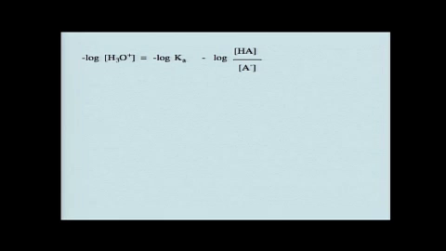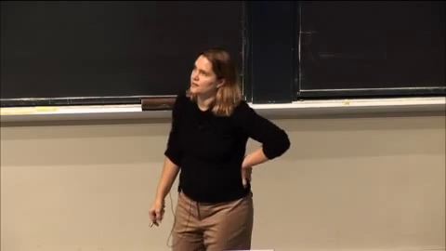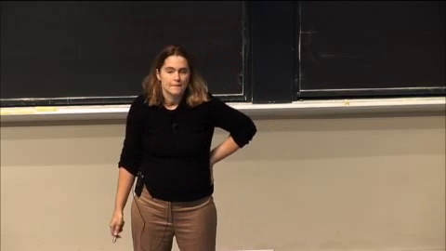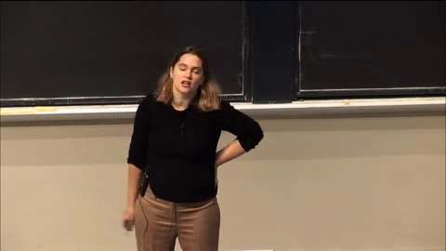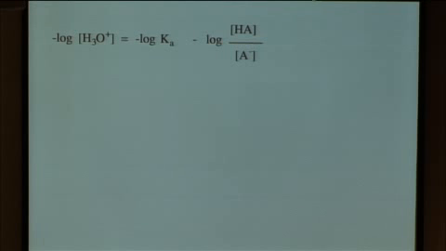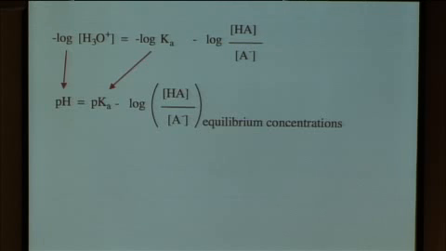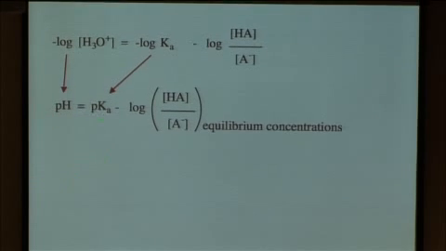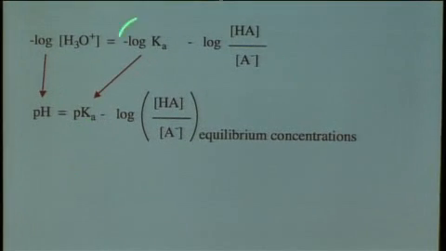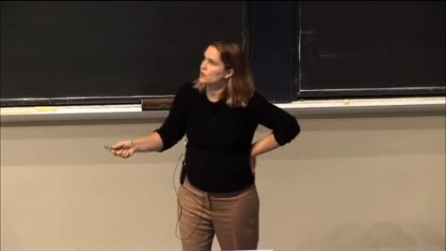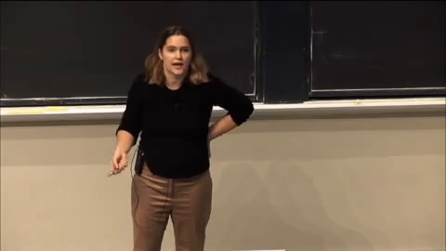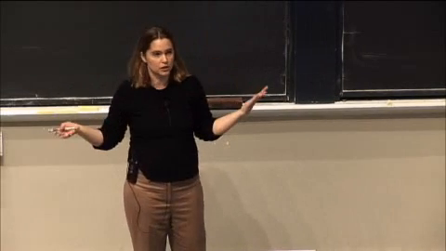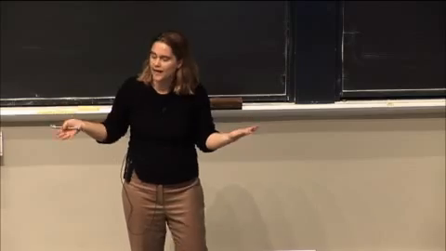And we have this equation. So what is minus log of hydronium ion concentration? pH. What's minus log of Ka? pKa. So we have pH equals pKa minus the log of the concentration of your acid over the concentration of your conjugate base. And these are equilibrium concentrations, because remember, we derived it from our equilibrium expression for Ka.